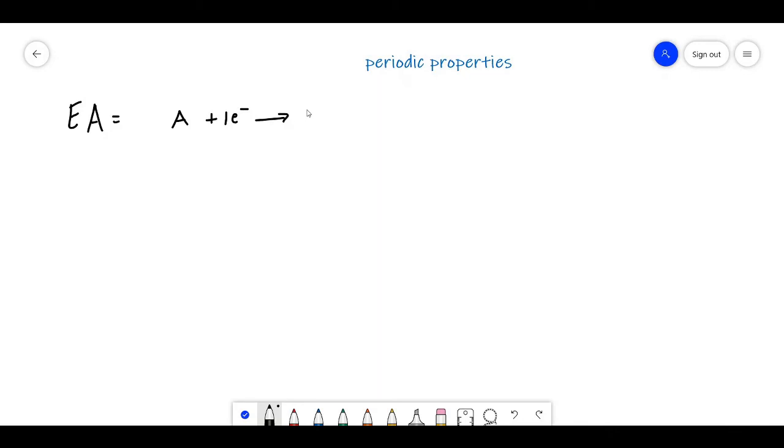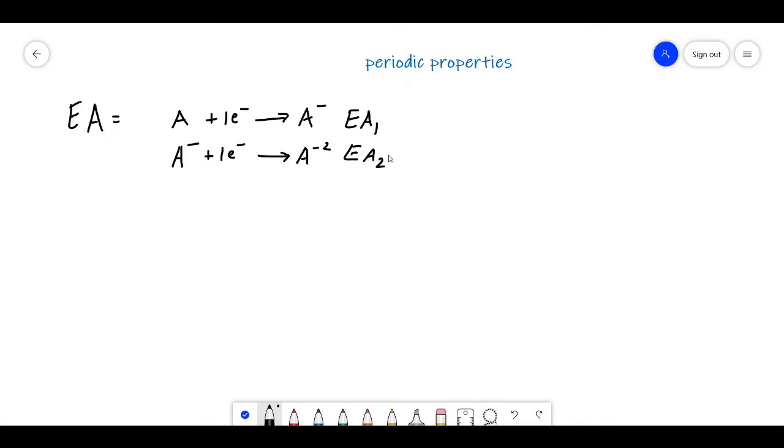Then this forms an anion A minus, and this is called electron affinity 1. Suppose you add one more electron to A minus, then it is converted to A minus 2, and this is called electron affinity 2.